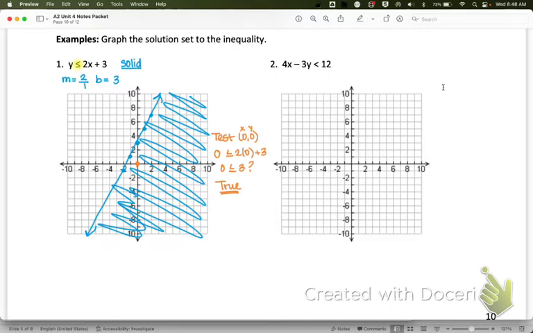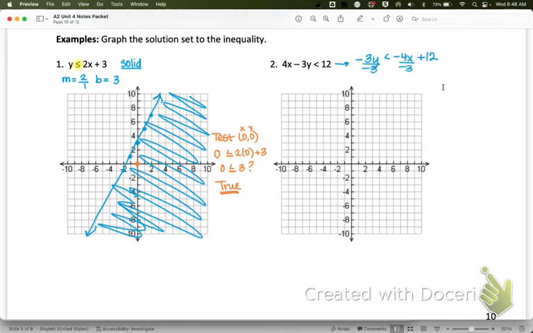Now on number 2, we are not in slope-intercept form, so we can go ahead and rearrange this equation. The first thing that I'm going to do is subtract 4x from both sides. That gives me negative 3y is less than negative 4x plus 12. And then I divide by negative 3.